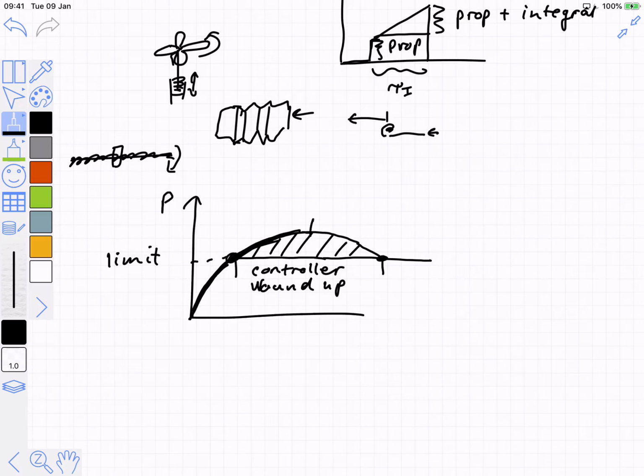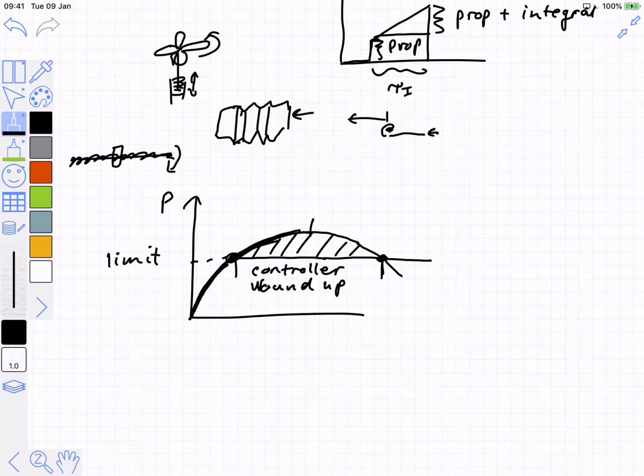At this point, it is actually starting to go down. But nothing happens because it's still above the active limit of the controller. We start winding down, and at some point over here, that's when we see for the first time actual reduction in the controller output. And there are a couple of different strategies.